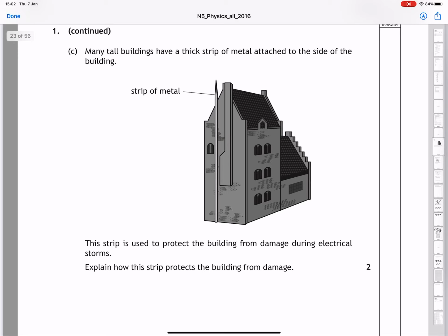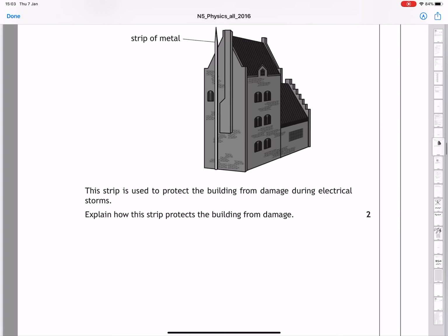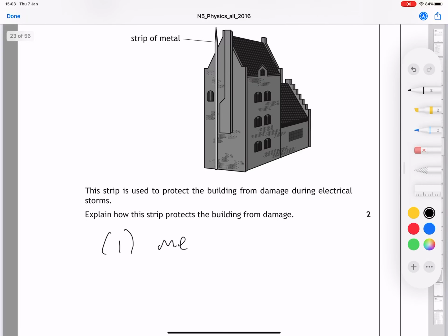Right, many buildings contain a thick strip of metal. What is the purpose of this metal? It's 2 marks, so you need to explain what the metal is and what it does to help. So you get 1 mark for saying metals are conductors.